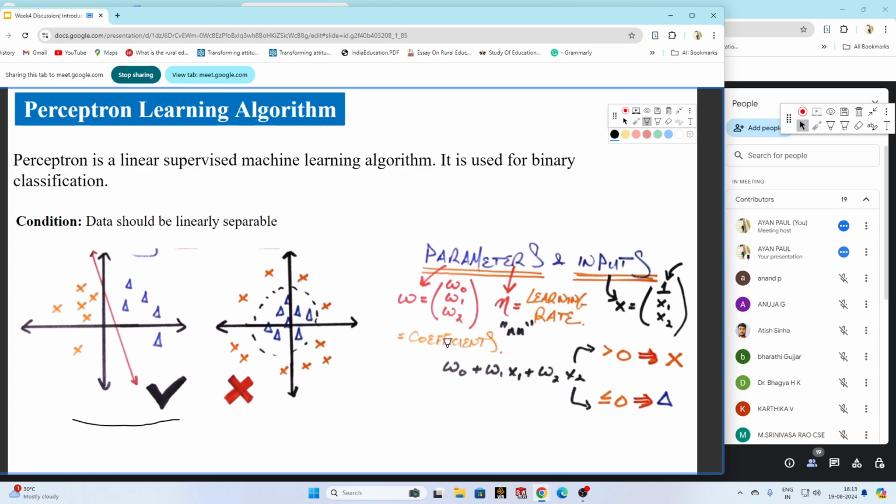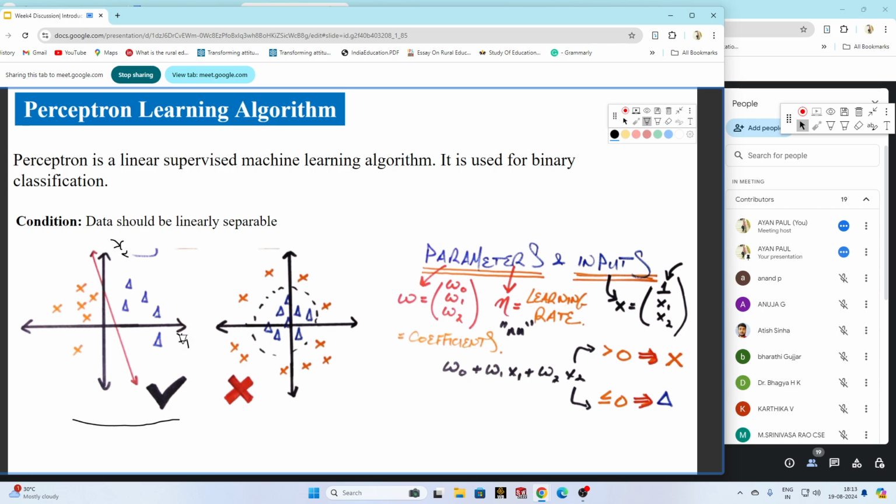Now what are the parameters and inputs in the perceptron learning algorithm? Again we have inputs, denoted by x1 and x2. Here we have a two-feature graph, where one axis is x1 and the other is x2, meaning two-feature input data.